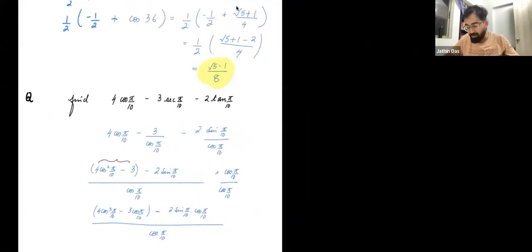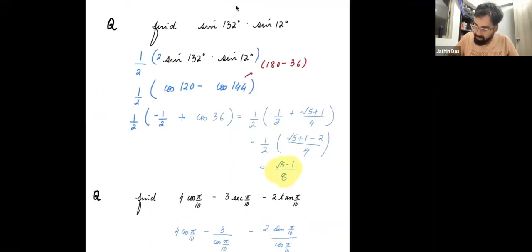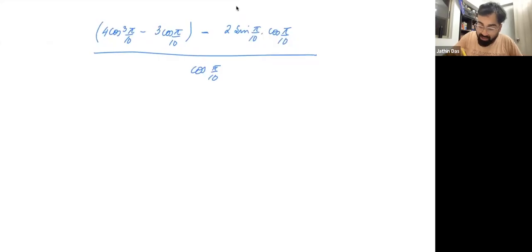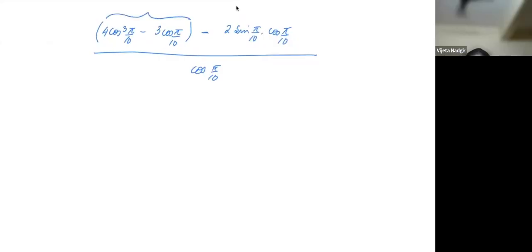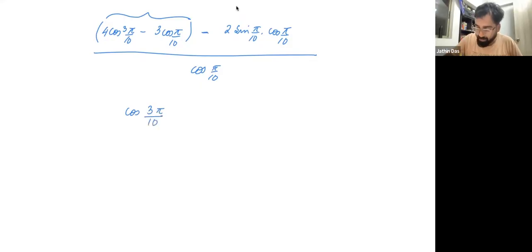Now, this is the formula for cos cube theta, the formula for cos 3 theta. So cos 3 pi by 10 minus this will be sin 2 pi by 10.